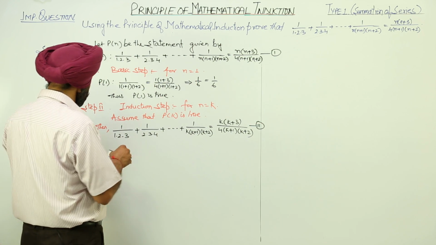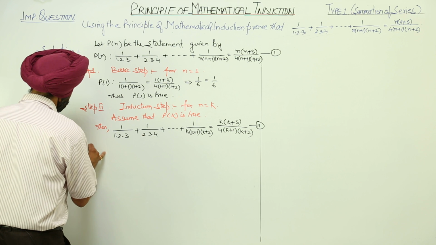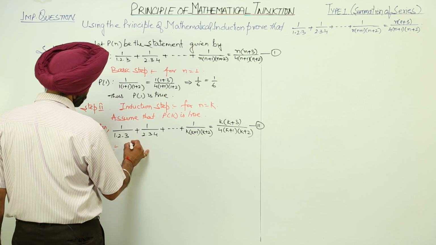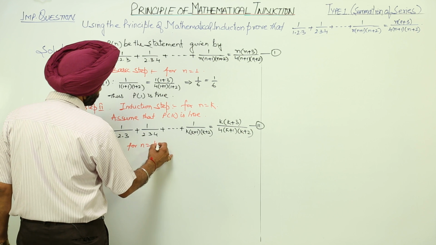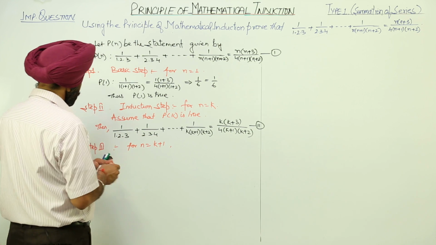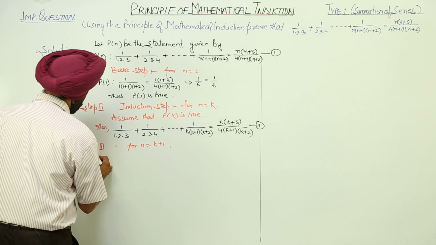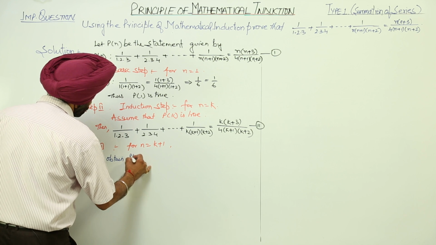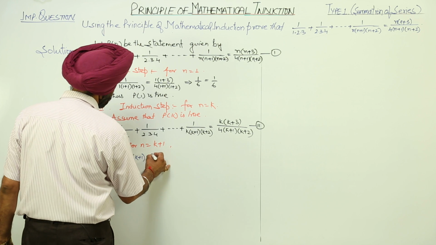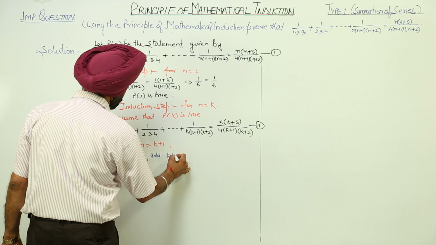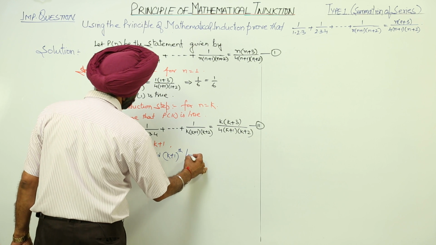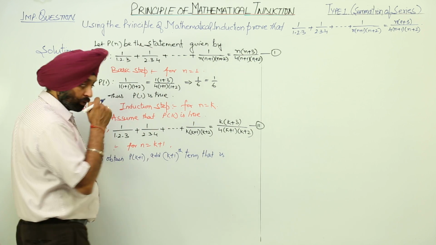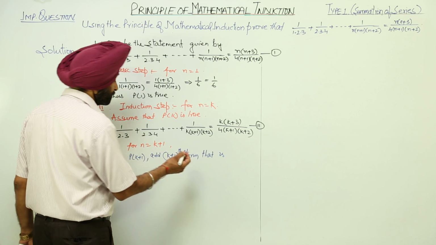Now, step 3. For n is equal to k plus 1. Now, to obtain Pk plus 1, add k plus 1th term, that is, now k plus 1th term means what I am going to write?